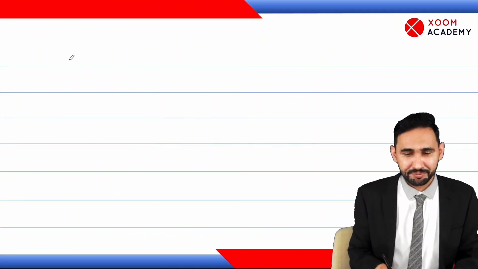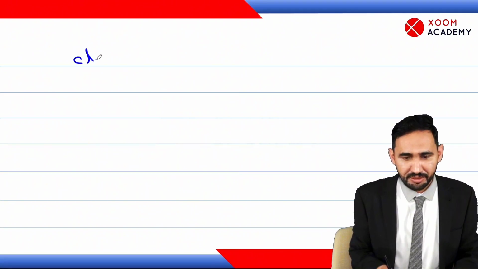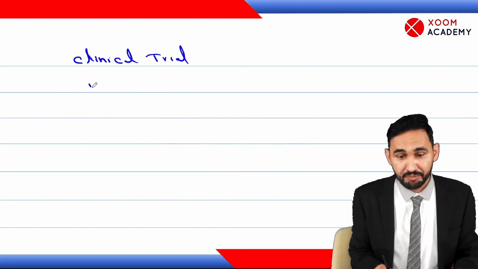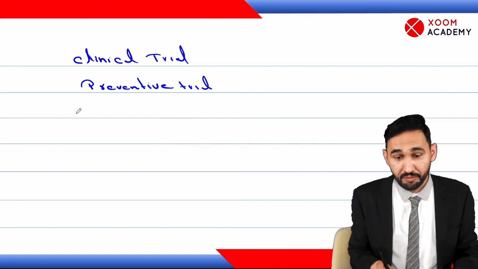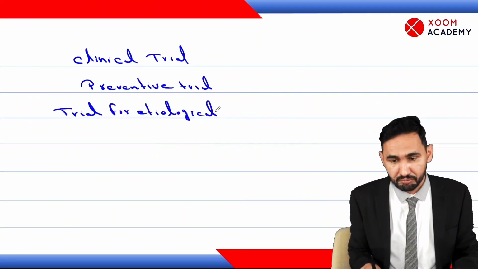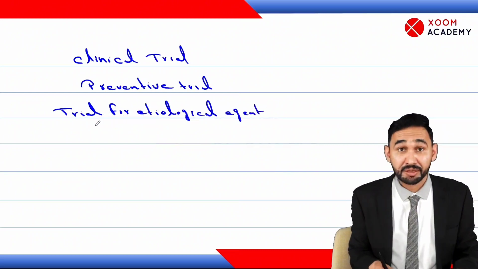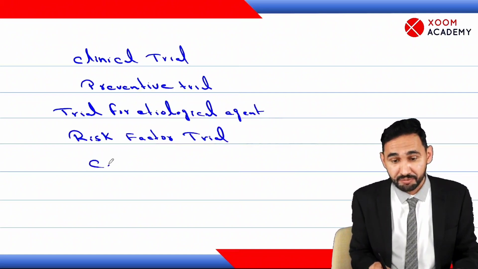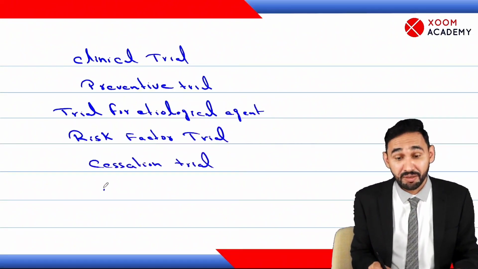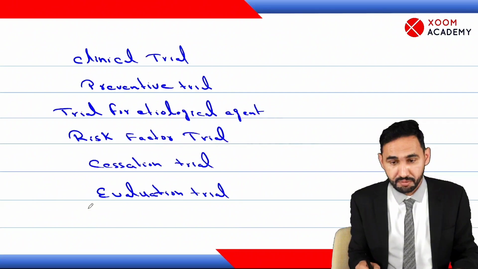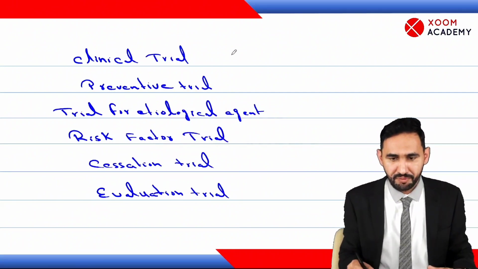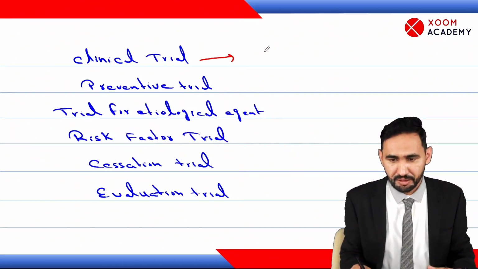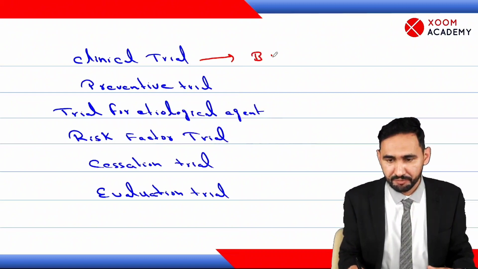Things to remember. We have discussed clinical trial, preventive trial, trial for etiological agent, risk factor trial, cessation trial, and evaluation trial. You have to remember, trials of beta blockers is clinical trial.